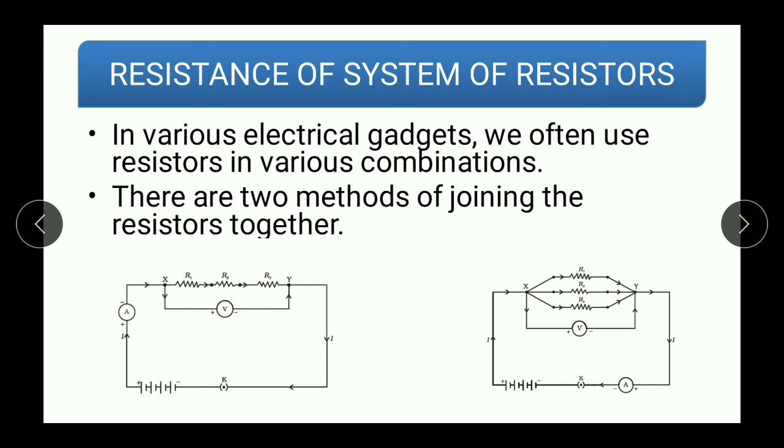In each of these resistors, current will remain the same. But if you check the potential difference across each resistor, you will find that if the resistors are different, then the potential difference will also be different. And the total potential difference will be the sum of all the potential differences.